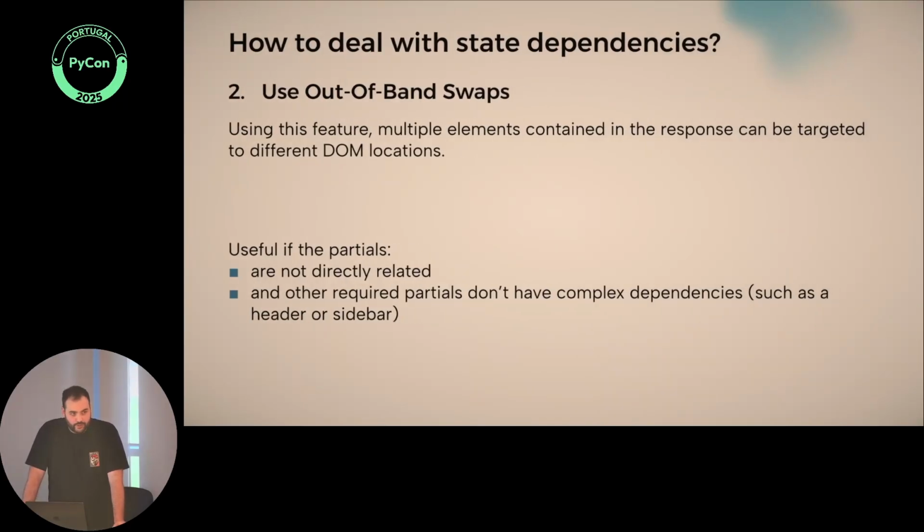You can use out-of-band swaps. This is an HTMX feature that allows your response to signal that multiple parts of it will go to multiple places of the UI. This is useful when you have parts of the UI with no dependencies or very little, such as you change the state on a header or a sidebar.